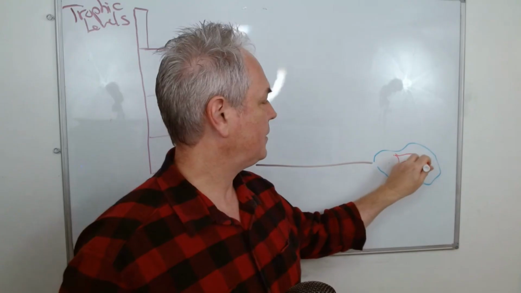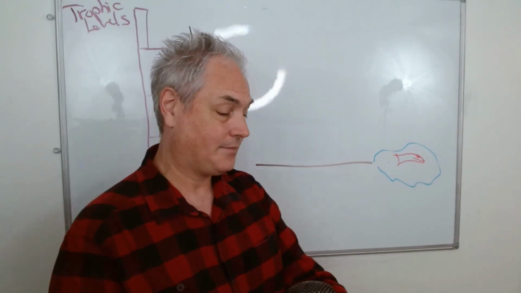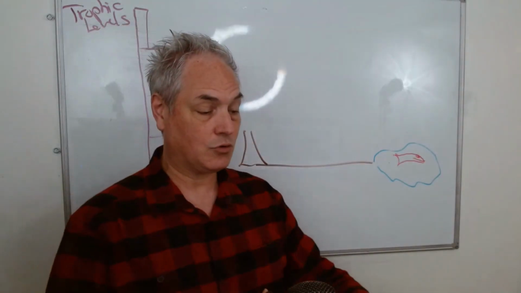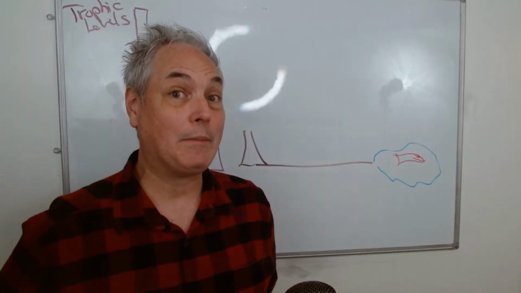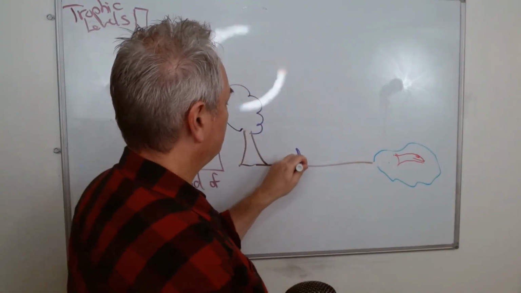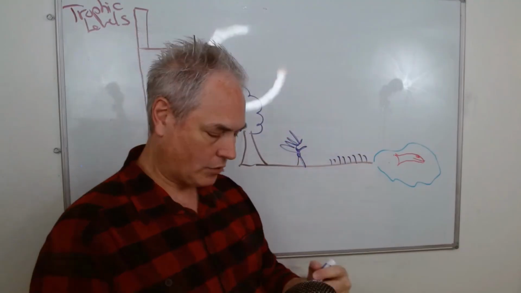Oops, the mouth is usually at the bottom. There you go. On land, we have trees like this. And I realized this morning that I do not have a green marker, so all our vegetation will be purple today. There we go. We have little brushes and we have some grass.